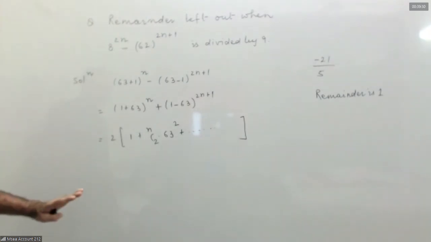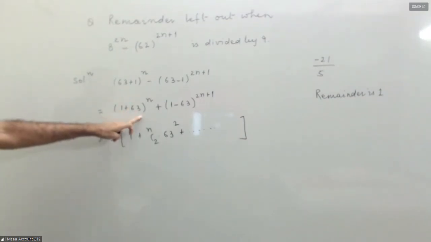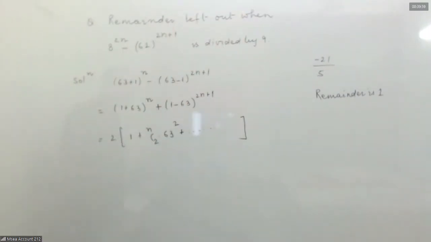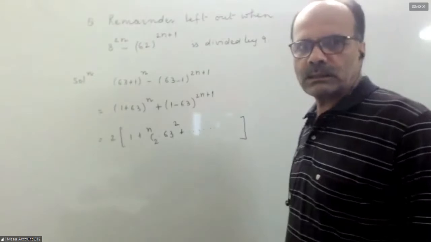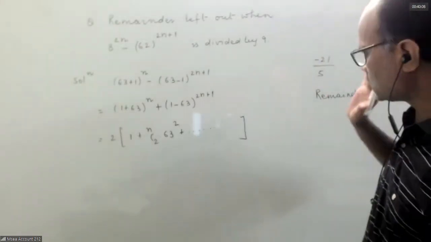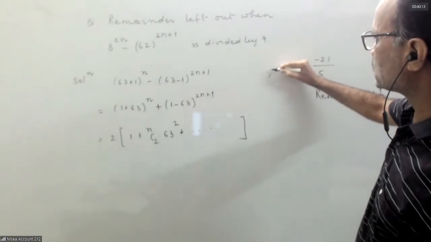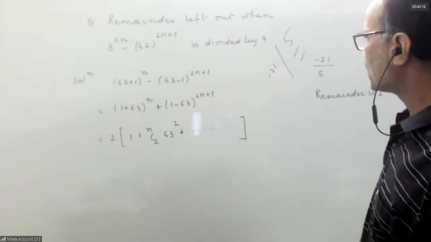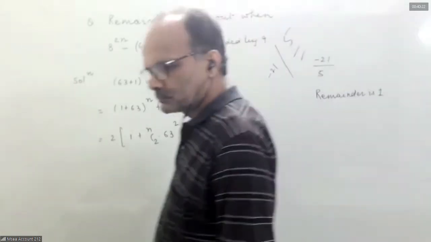Because after a certain time this will stop, and this will keep on going with negative terms of higher power. Yes, some conceptual mistake in this question. If you divide minus 21 by 5, what is the remainder? Remainder is -1.